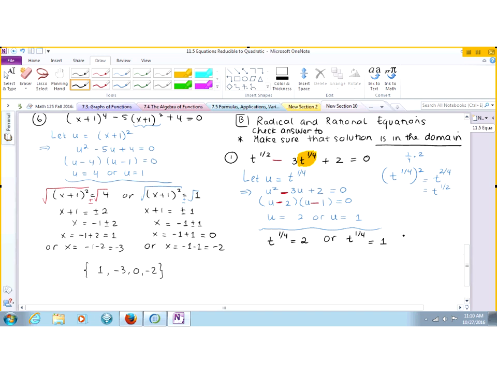Raise it to the 4th power. Okay. So raise this to the 4th power, both sides. You have to do it to both sides, right? So what is t to the 1/4 raised to the 4th power? T is equal to 16. What about this? T is equal to 1.